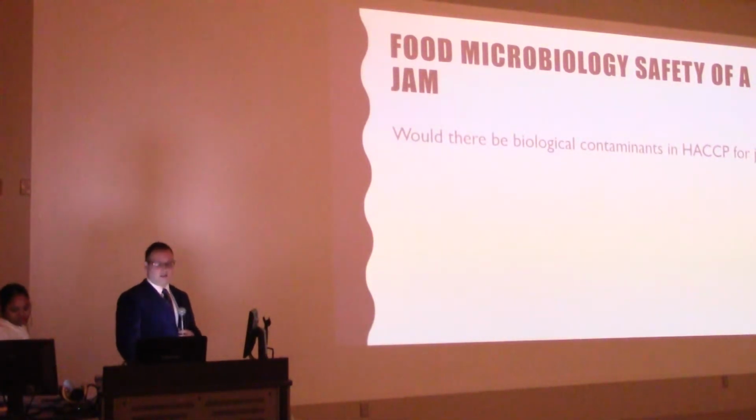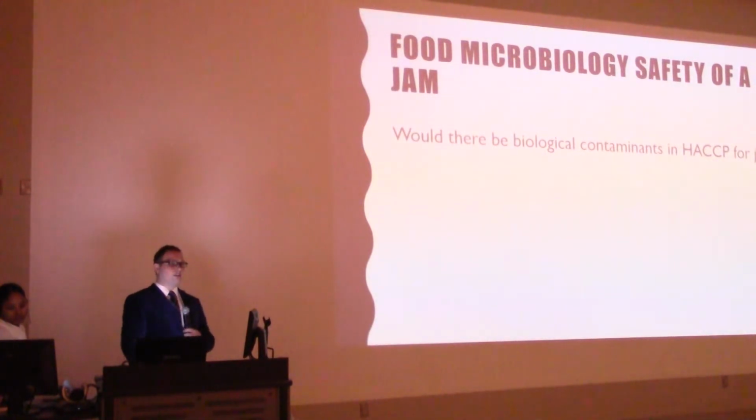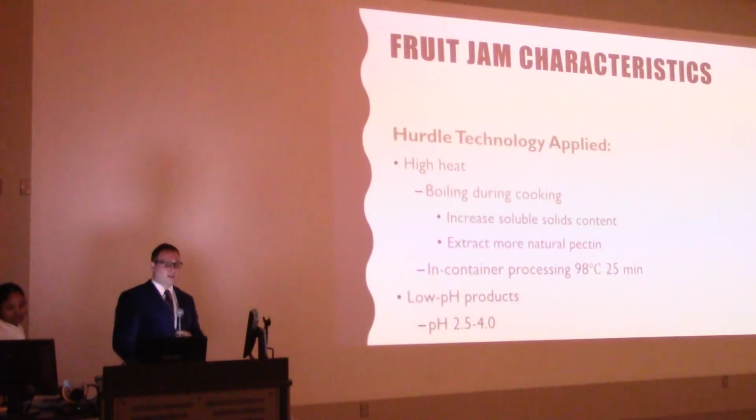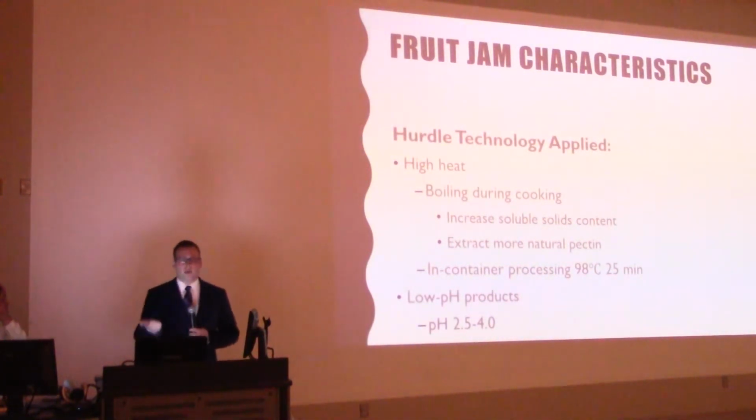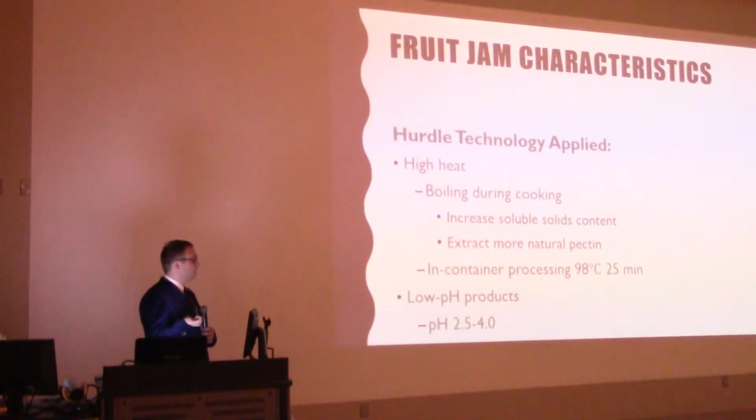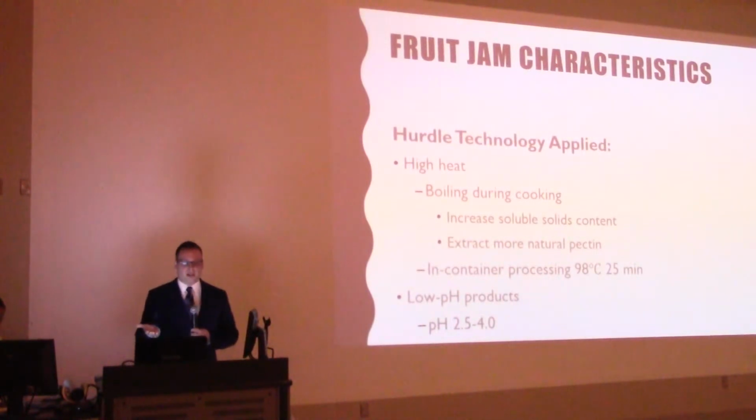In order to answer that question, we need to look at some of the characteristics of jam. Throughout the processing of jam, there's almost like an automatic hurdle technology that is applied because, A, we need the high heat of boiling during cooking simply to increase the soluble solid content.